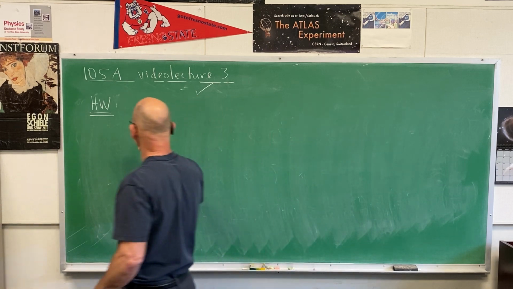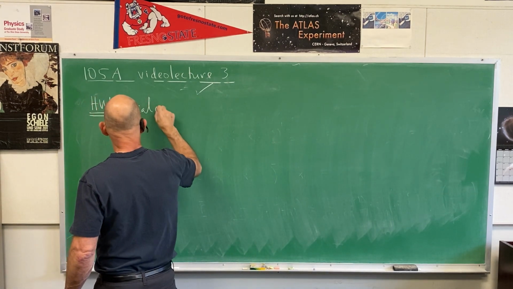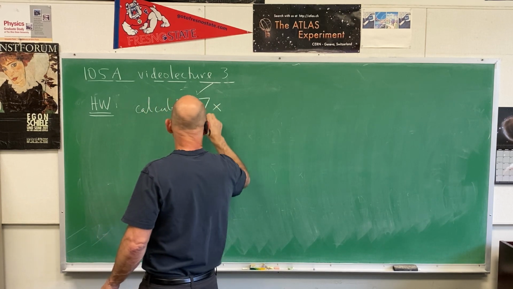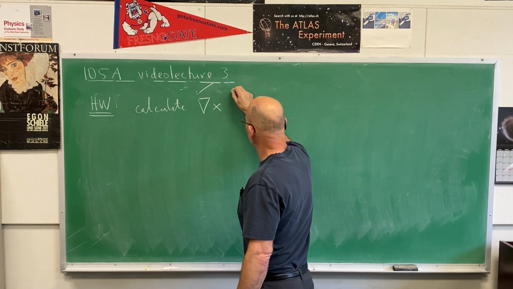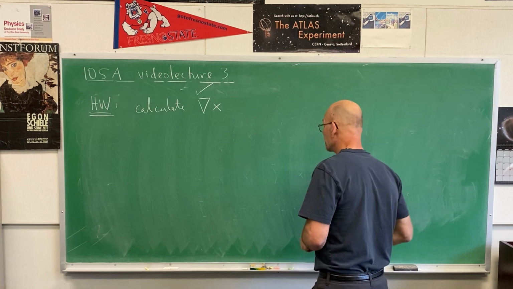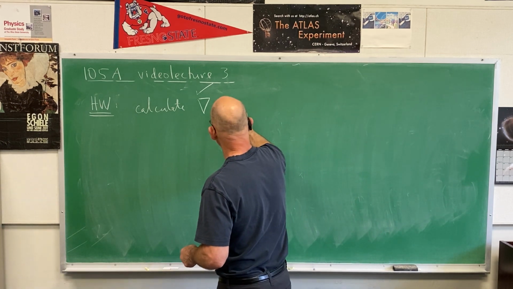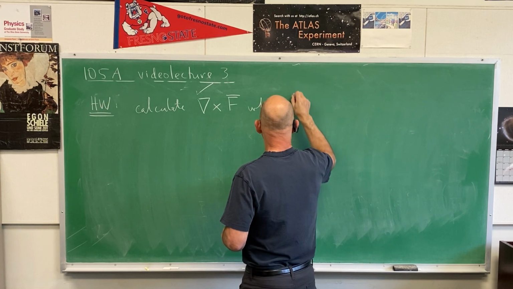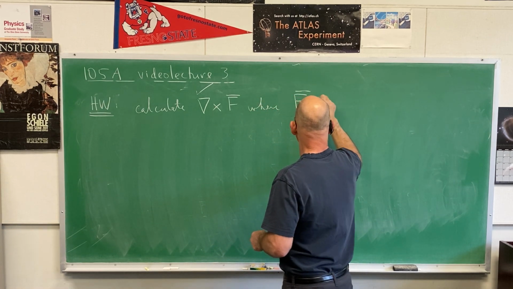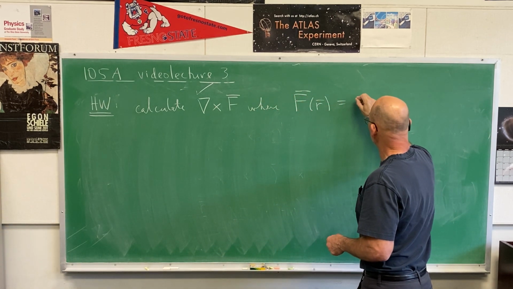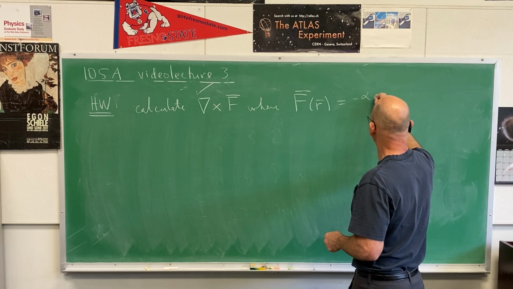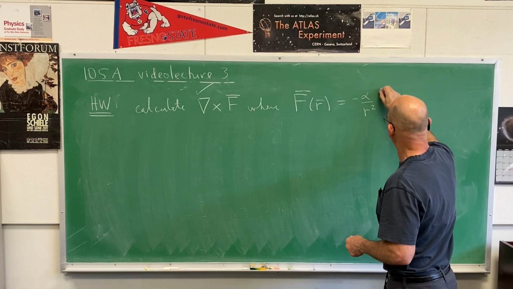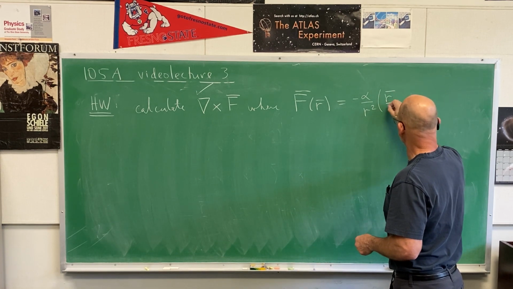So the next homework problem is calculate the curl of f, where f of r equals minus alpha over r squared times r over r.